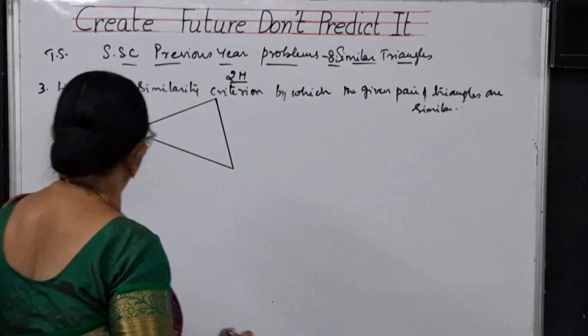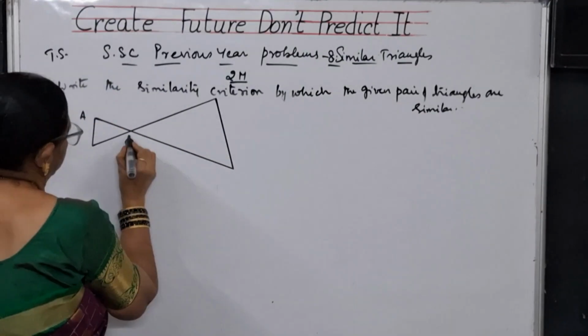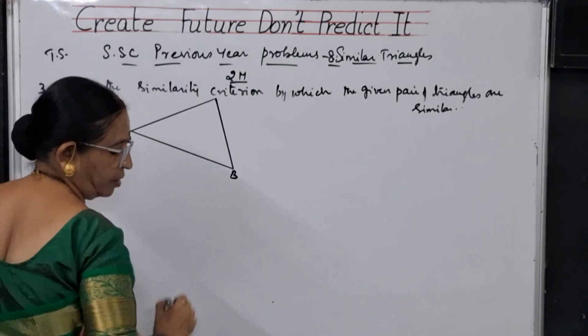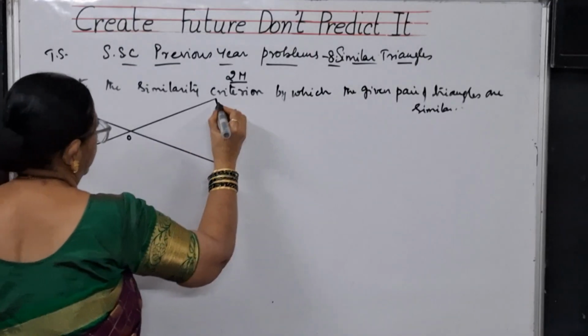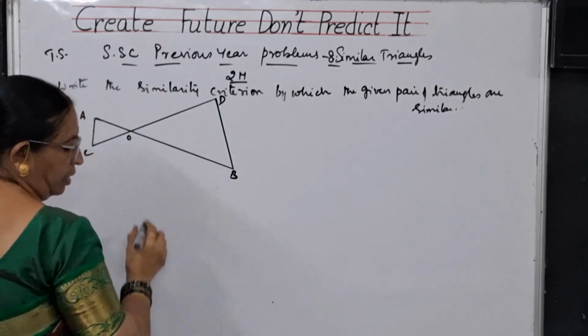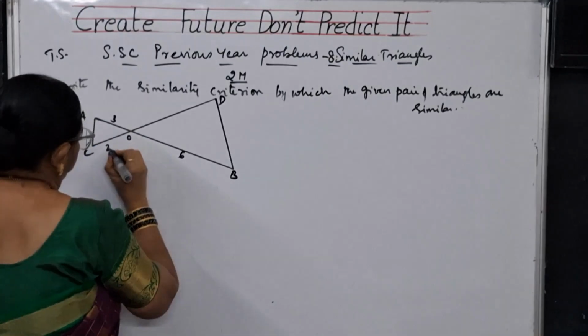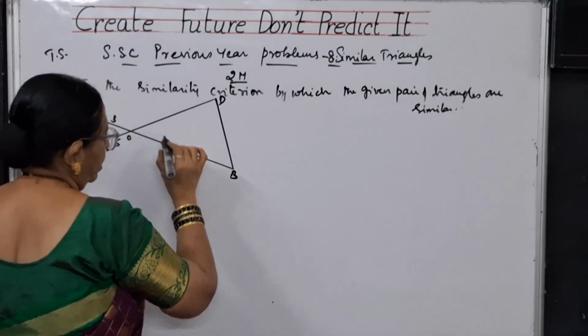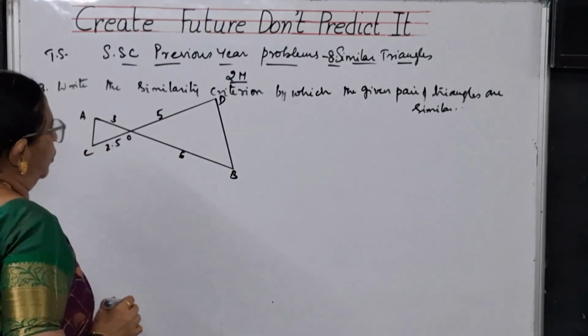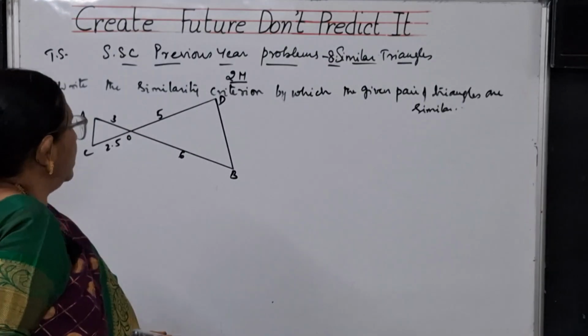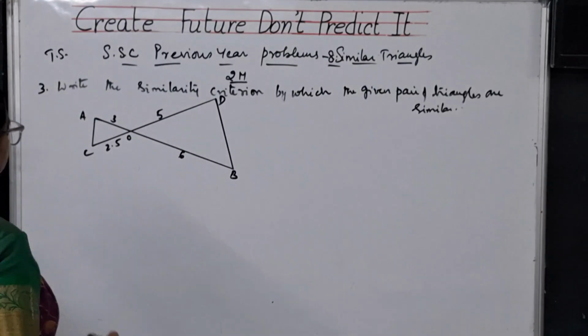They have named this as A, O, B and C and D. And the measures are given 3 and 6, 2.5 and 5. So, in which way the two triangles are similar, they are asking.